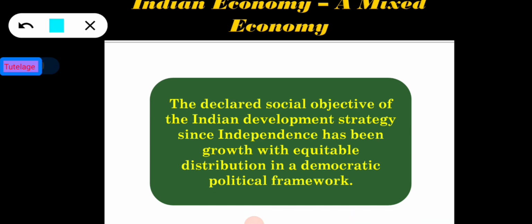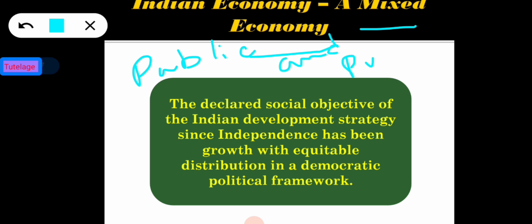Basically, the Indian economy is a mixed economy. We have already told what you mean by a mixed economy. Do you know, learner, what you mean by a mixed economy? Basically, the concept of a mixed economy refers to the coexistence of the public sector and the private sector.